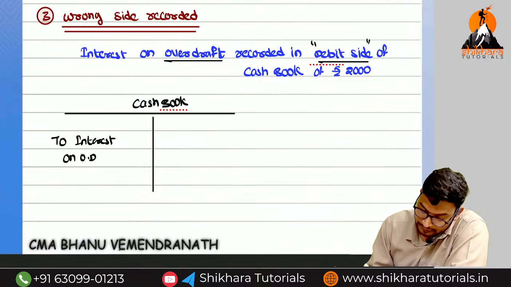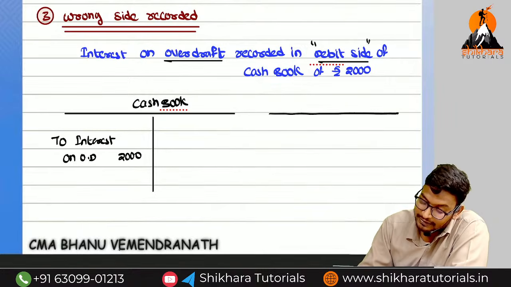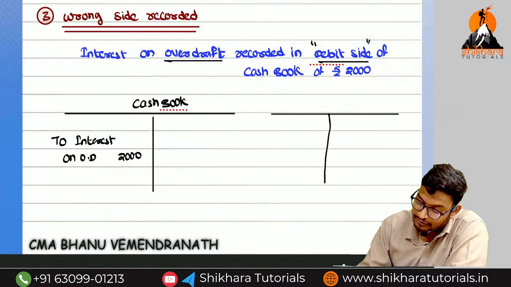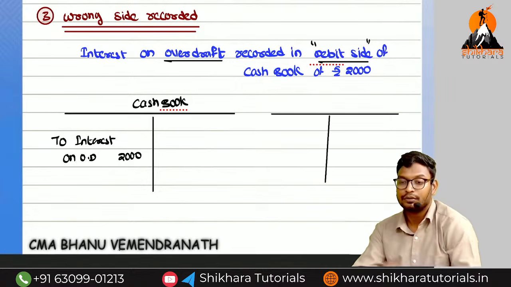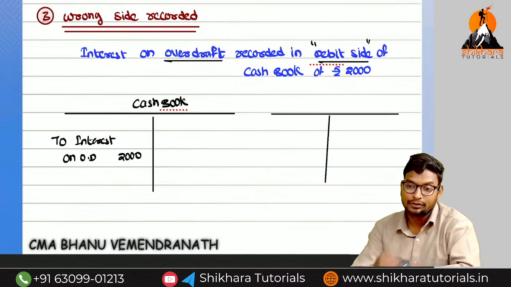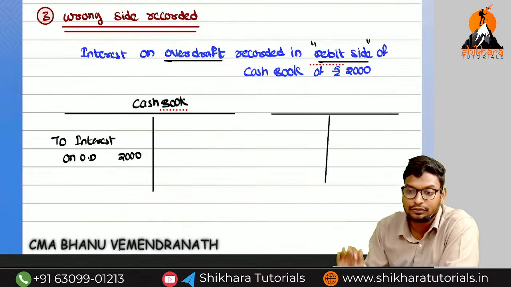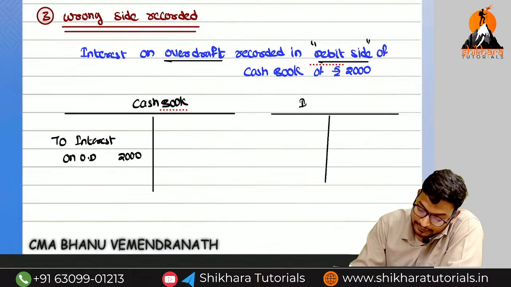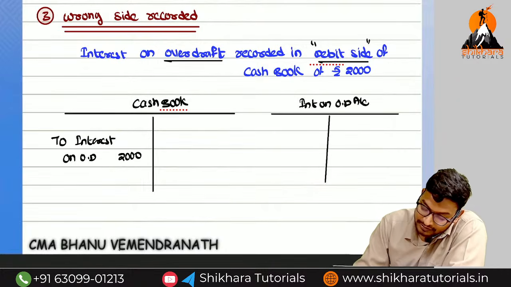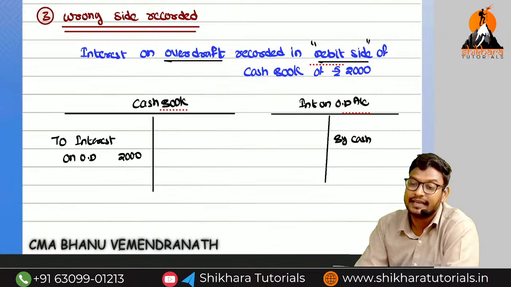How much? 2000 rupees. But it is a primary record, and while going to the secondary, they will not open any separate cash account, because the cash book is equal to the cash account. So in the interest on OD, they automatically record on the credit side by cash. This is the situation that has happened.